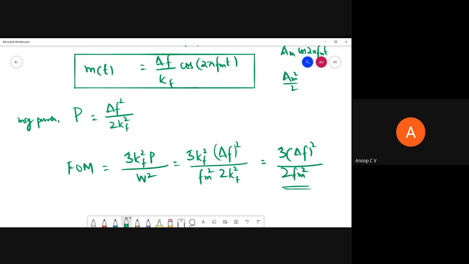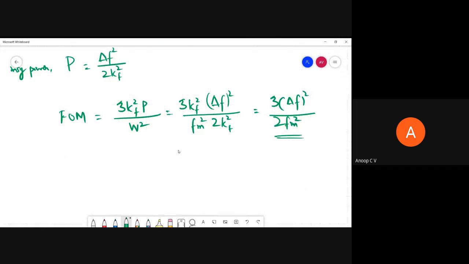But you know this delta f by fm is the modulation index, equal to beta. In general cases, instead of modulation index, we'll call it the frequency deviation ratio, if it is not specifically single tone modulation, but we know the maximum frequency deviation and the maximum frequency content in the message is fm.